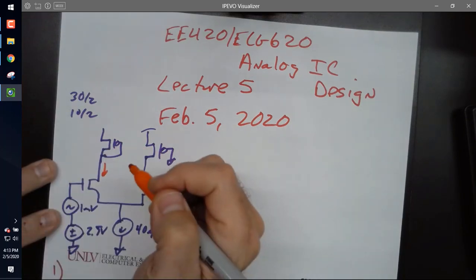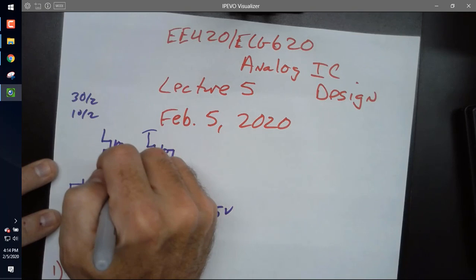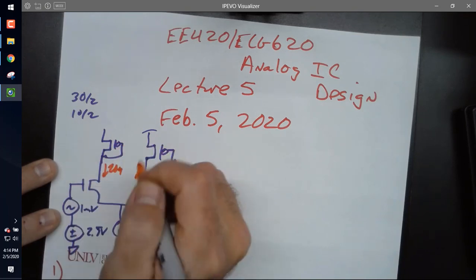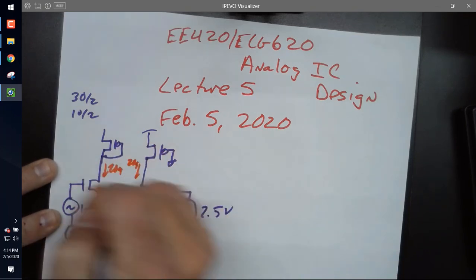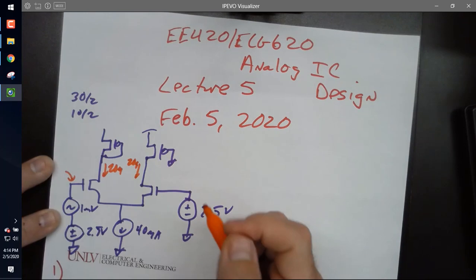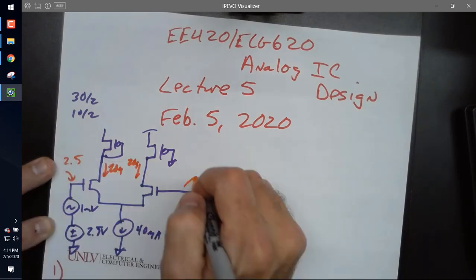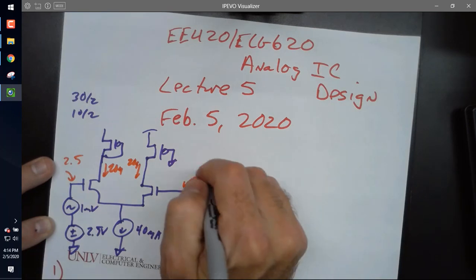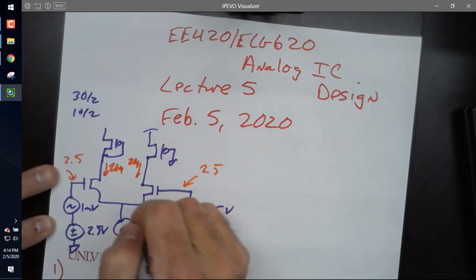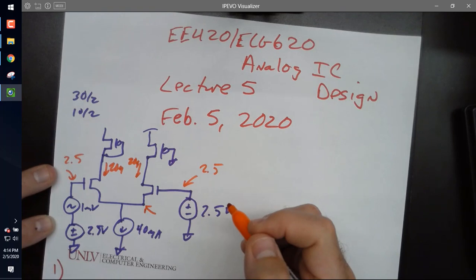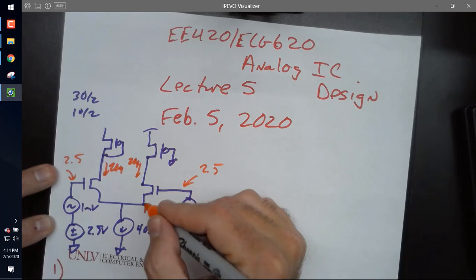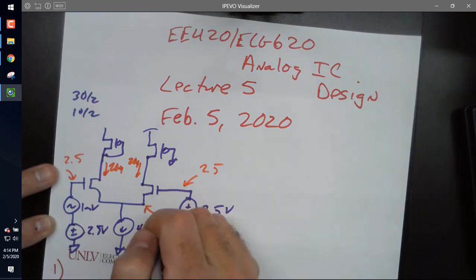What is that current? And this current? And this DC voltage? And this DC voltage? 2.5. And this voltage here? Isn't this 1 point something and this was 1.44?